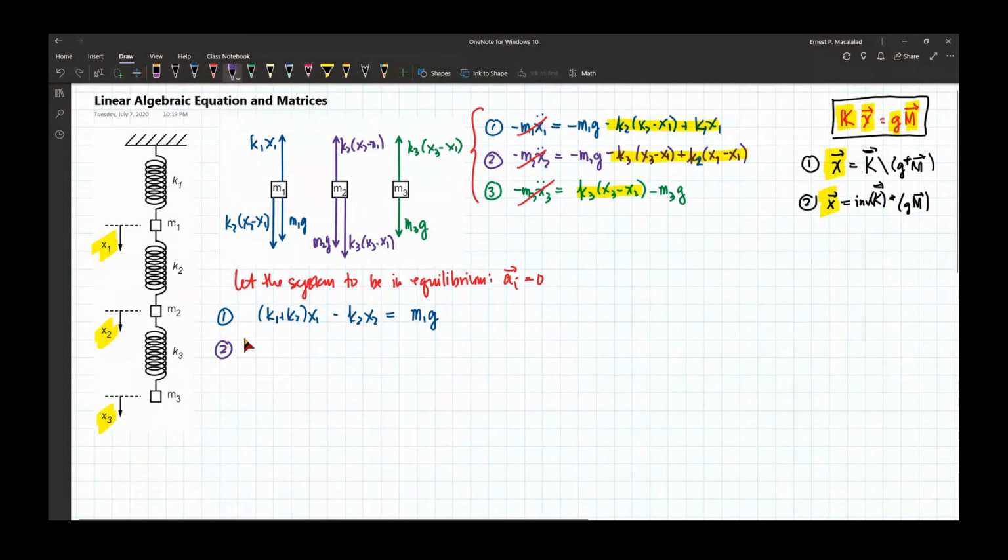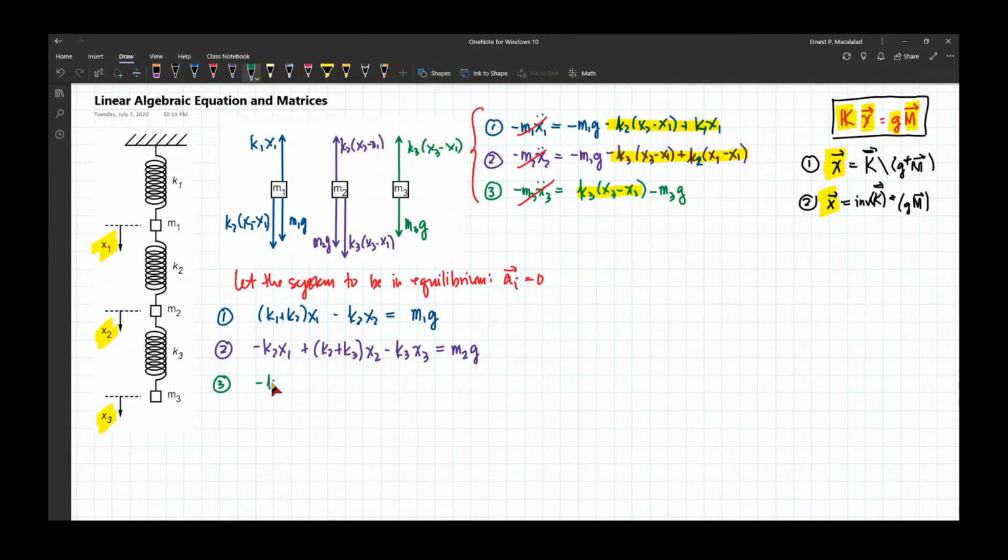Equation number 2 becomes negative k2 x1 plus (k2 plus k3) x2 minus k3 x3 equals m2g.